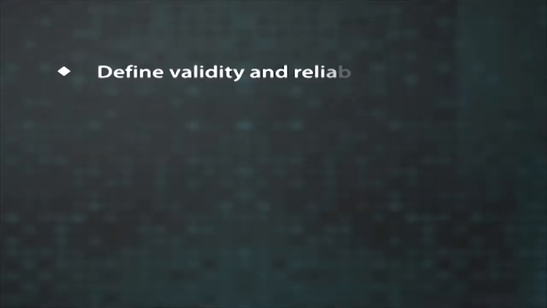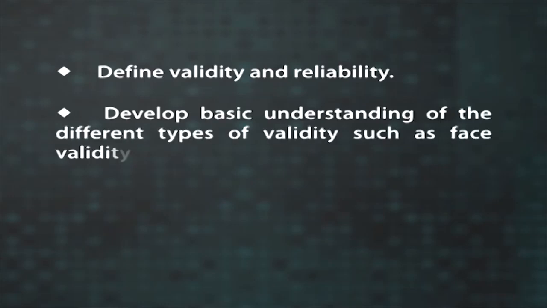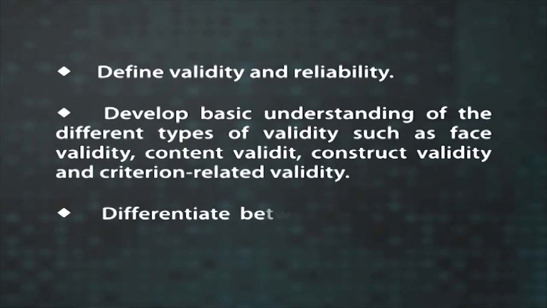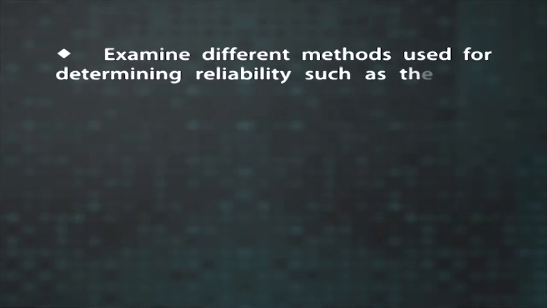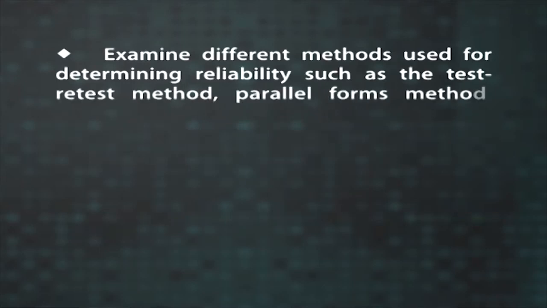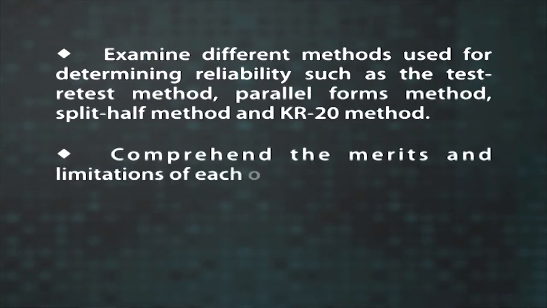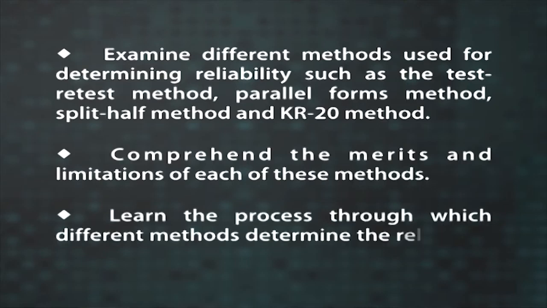By the end of this unit, you will be able to define validity and reliability, develop a basic understanding of the different types of validity such as face validity, content validity, construct validity and criterion related validity, differentiate between different types of validity, examine different methods used for determining reliability such as the test retest method, parallel forms method, split half method and KR20 method, comprehend the merits and limitations of each of these methods, and learn the process through which different methods determine the reliability of a test.